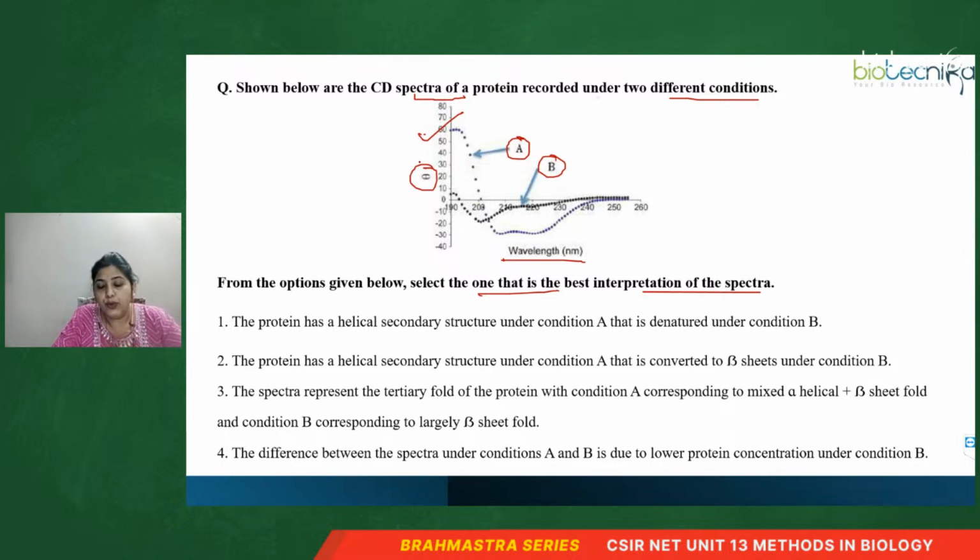Go through the figure carefully. The advantage of such questions is that you don't have to think out of the box. They are very direct. Based on the figure, you analyze it, go through the statements, and choose the best interpretation of the spectrum.